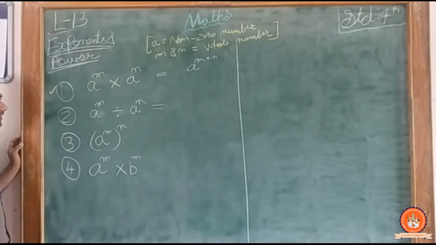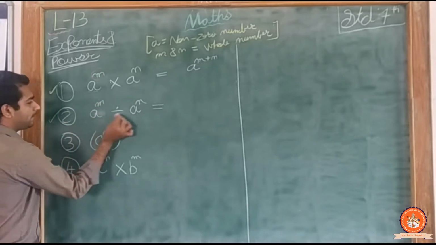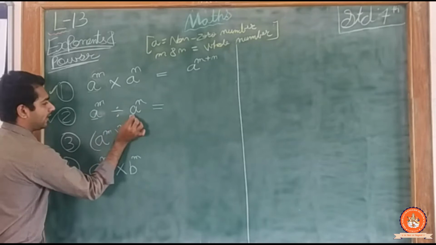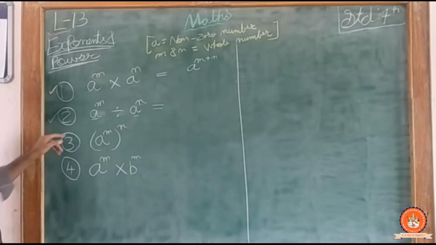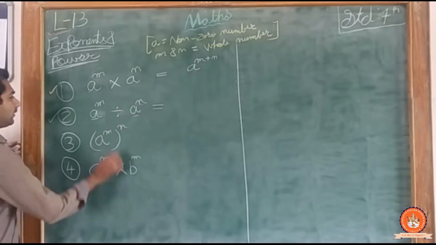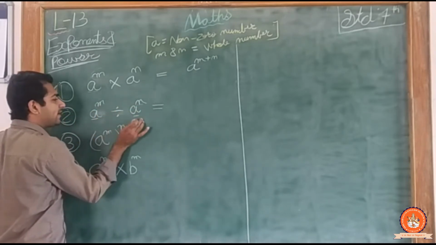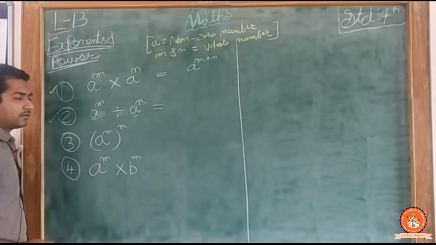Now in the second formula, what we are seeing is that both the bases are same, a, but the powers are different. Here is m power, here is n power, and the numbers are separated by a division symbol. Clear?